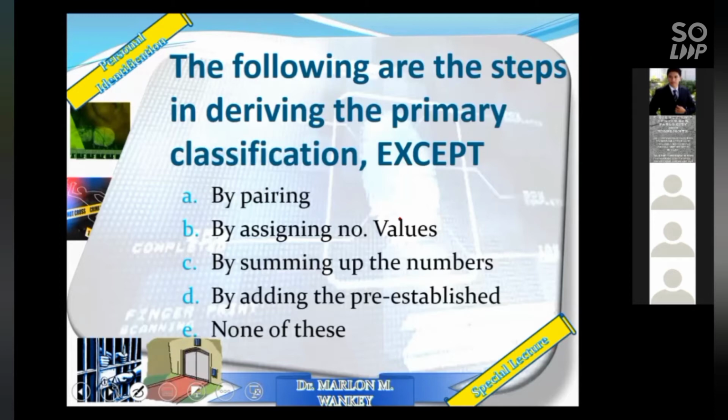By pairing, next is by assigning number values, next is by summing up, then by adding the pre-established, and E, none of this is the answer.